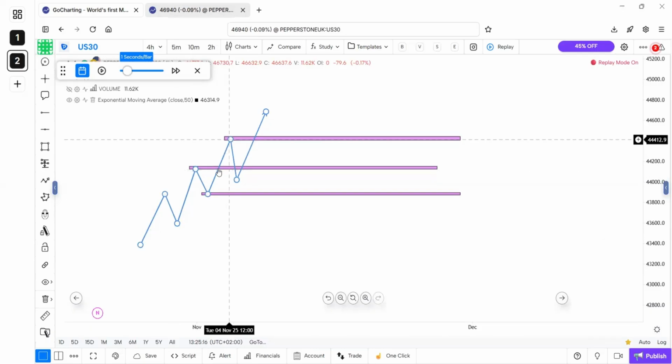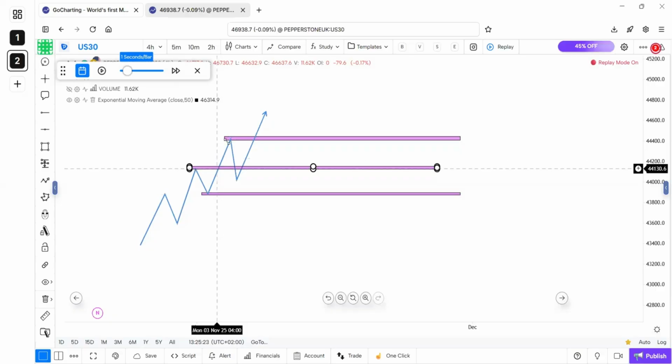We're not going to buy over here. We wait for the market to create this indication. This signifies that buyers are in here, from here to here. This shows that the buyers are willing to come in to continue this bullish trend.